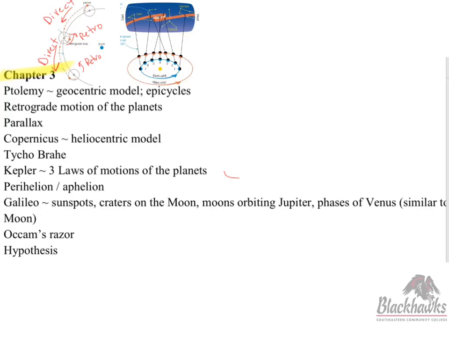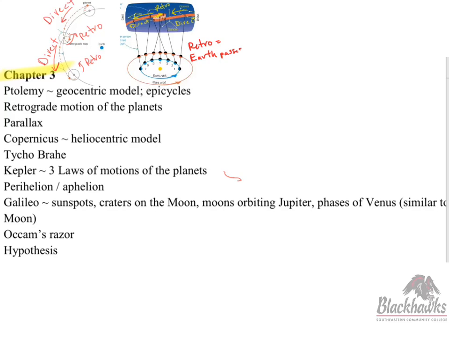And then there's a figure from your textbook that shows why we see the retrograde motion that Ptolemy tried to explain using epicycles. We see retrograde motion of planets as our planet overtakes that planet as it orbits the sun.